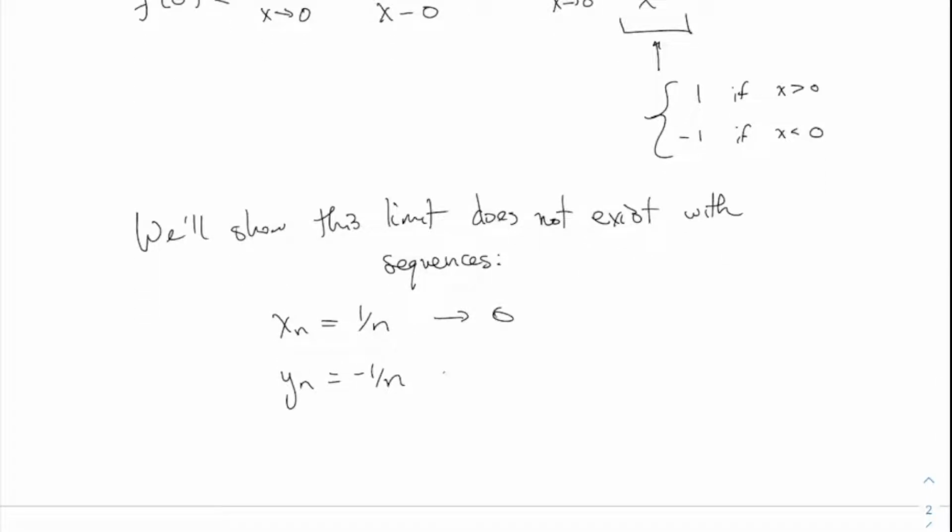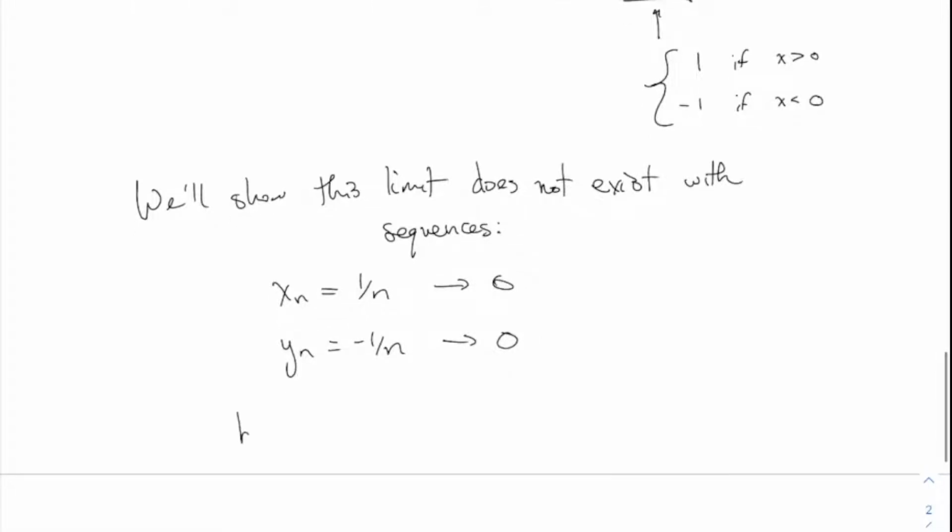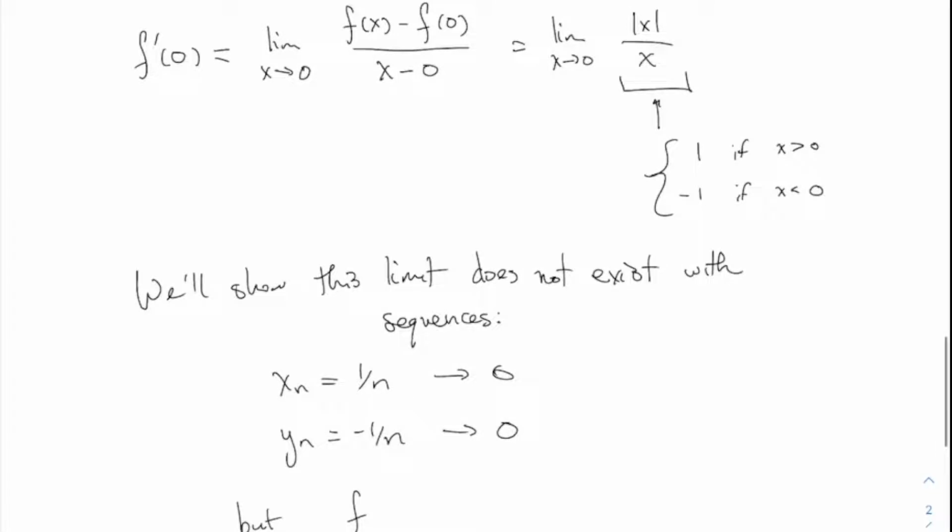Then these both approach 0. But when I plug them into the function, they don't both approach the same value, right? But now it's not actually f that I'm plugging into. It's not what we called f up here. It's this, right? This is the function whose limit I'm trying to show does not exist. So don't write f here, but what we're showing really is this.